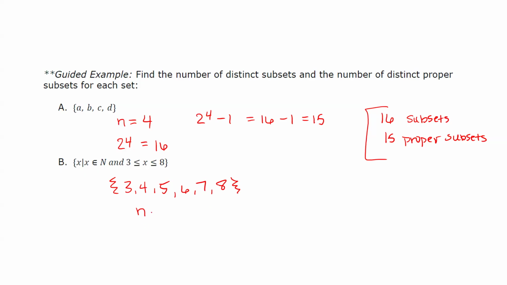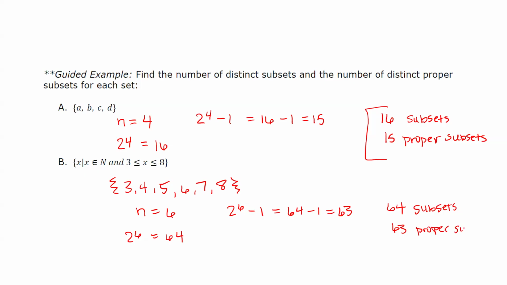So the number of elements here is 6. So 2 to the 6th power equals 64. And 2 to the 6th power minus 1 is 64 minus 1, which is 63. So we have 64 distinct subsets and 63 distinct proper subsets.